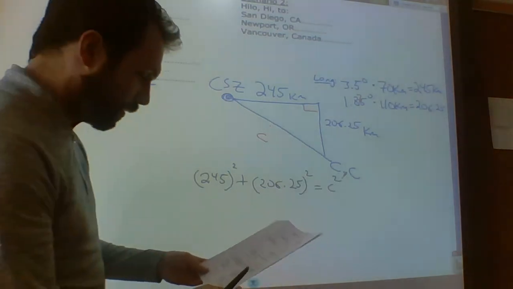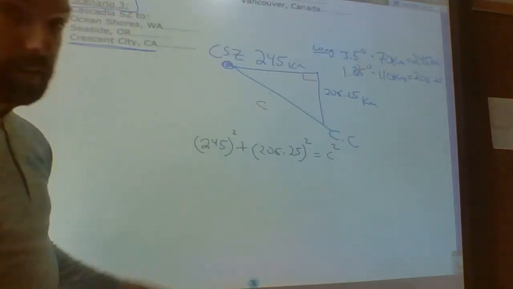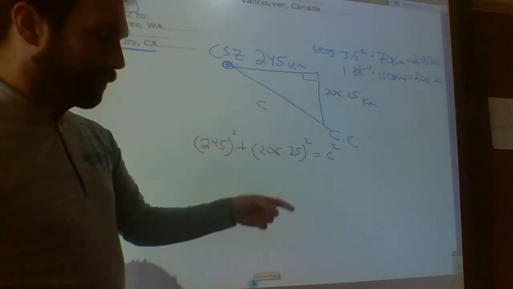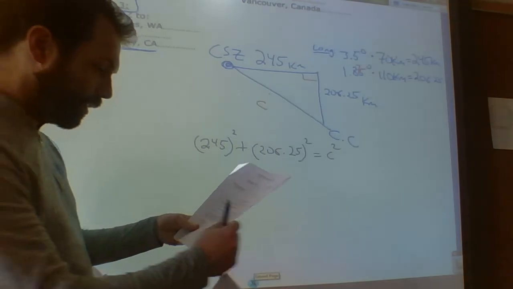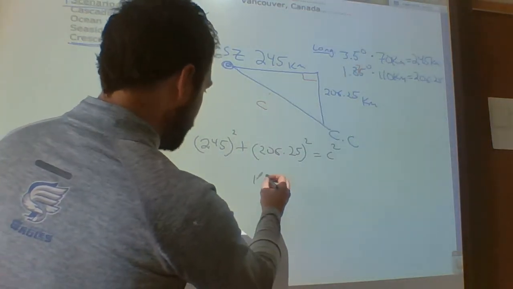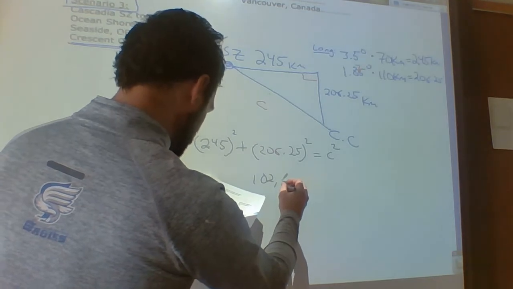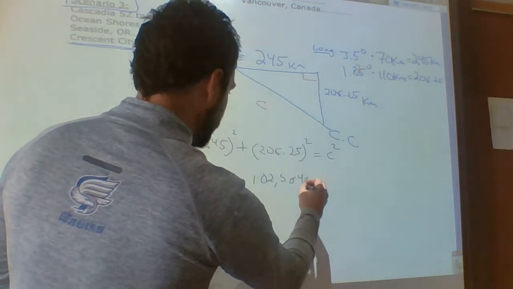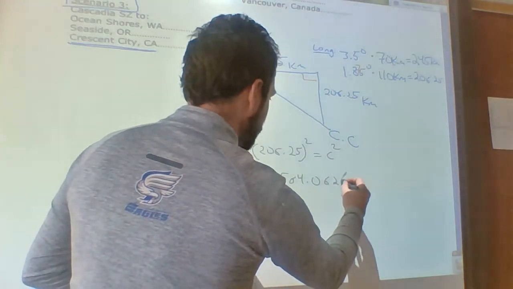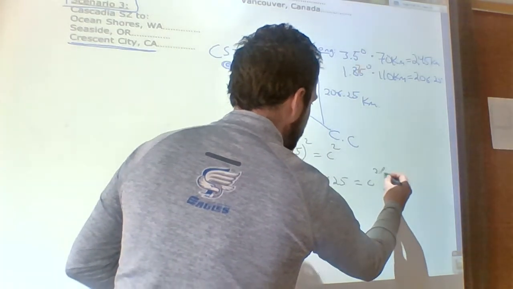Using the calculator, I just plugged these two into the calculator. I said 245 squared plus 206.25 squared. I got 102,564.0625 equals c squared.